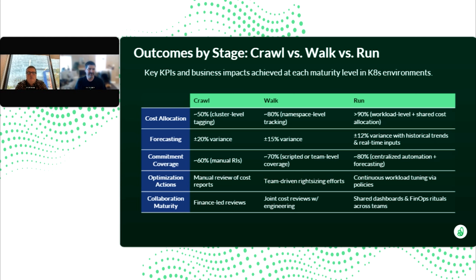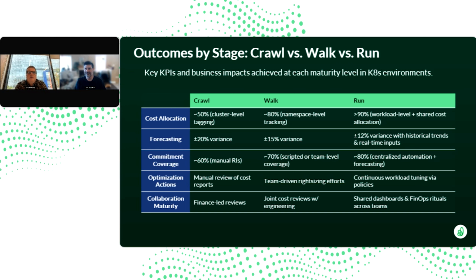So at the crawl phase here, for cost allocation, maybe 50% of your costs are allocated, and you're doing it at the cluster level, right? Your commitment coverage may be 60%. You may be having a very manual process to buy and sell RIs and savings plans.